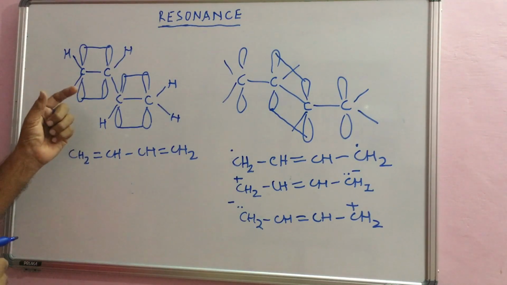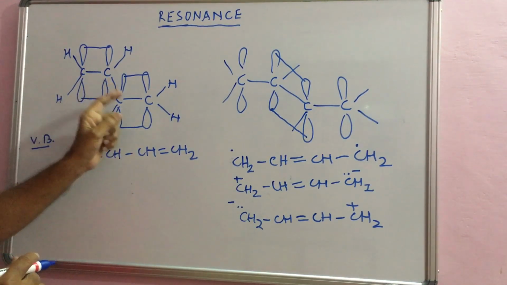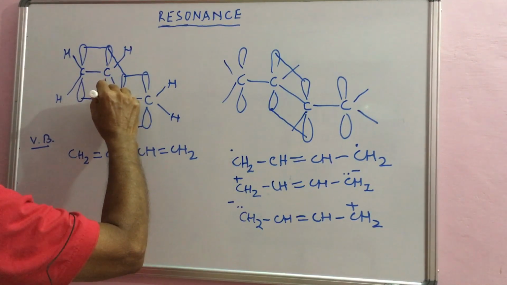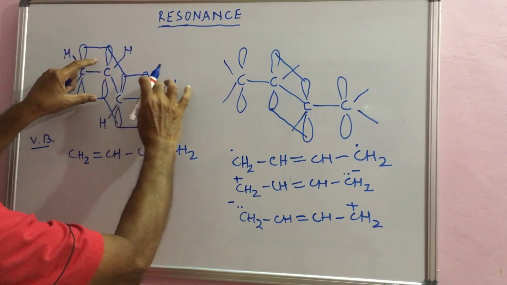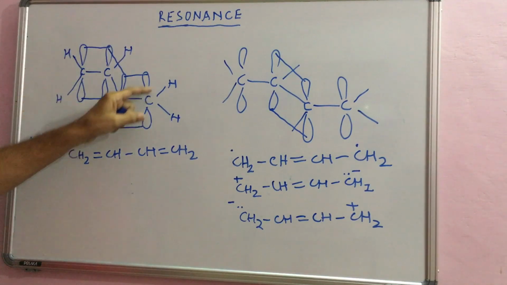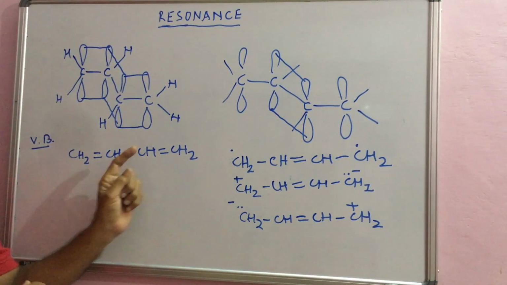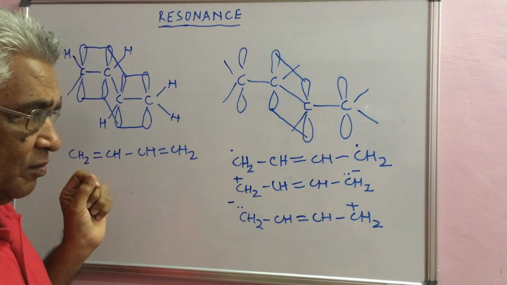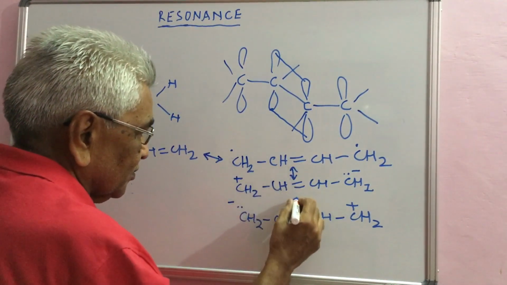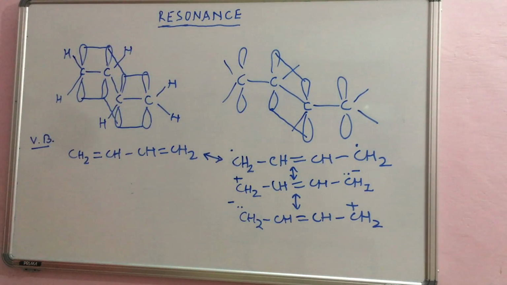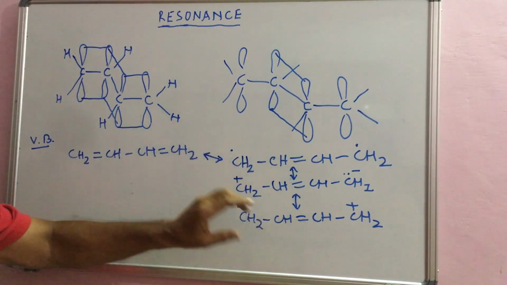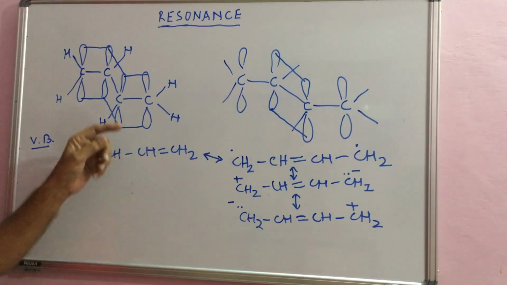So, here now we will say that neither this nor this singly takes place, but actually this also overlaps with this, the total overlap of these 4 p orbitals, and this is the real picture of the molecule, which we cannot represent by a single valence bond structure, and we put a double headed arrow in between these structures and say that butadiene molecule is the hybrid of all these structures, none of them completely individually representing the molecule.